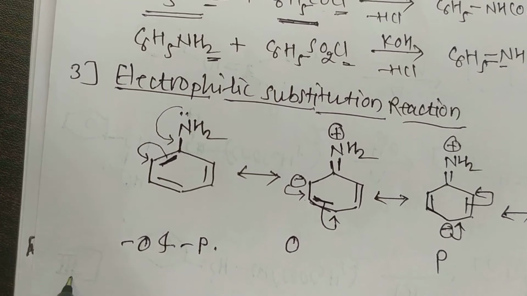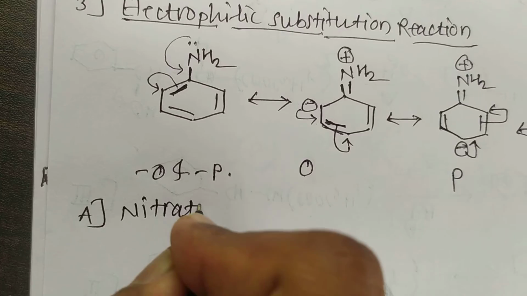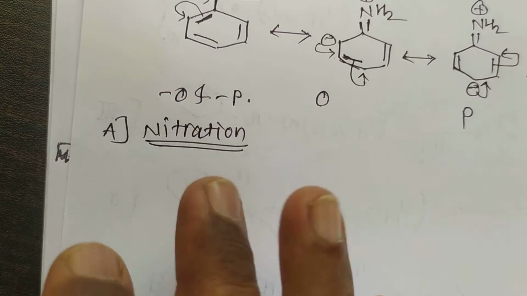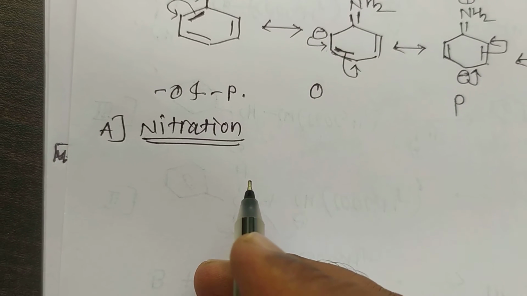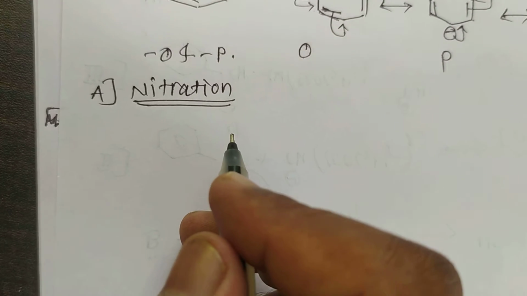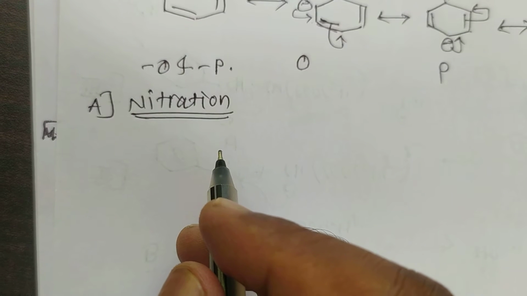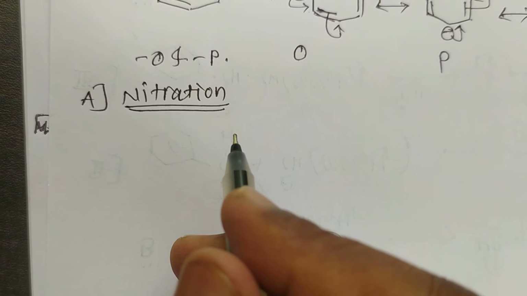Then first we are going to see nitration of aniline. When nitric acid is used for the nitration, generally this nitric acid acts as an oxidizing reagent, and when it is reacted with amines, we can obtain a large number of oxidation products.